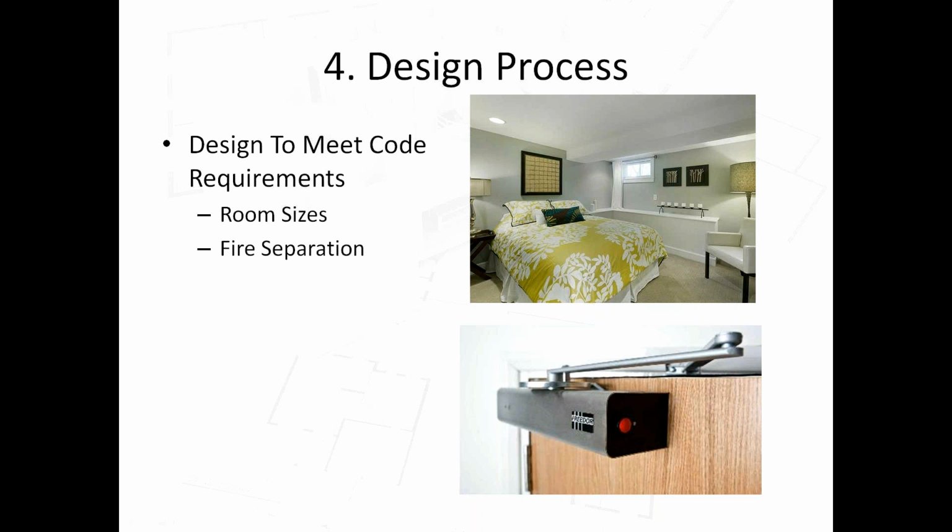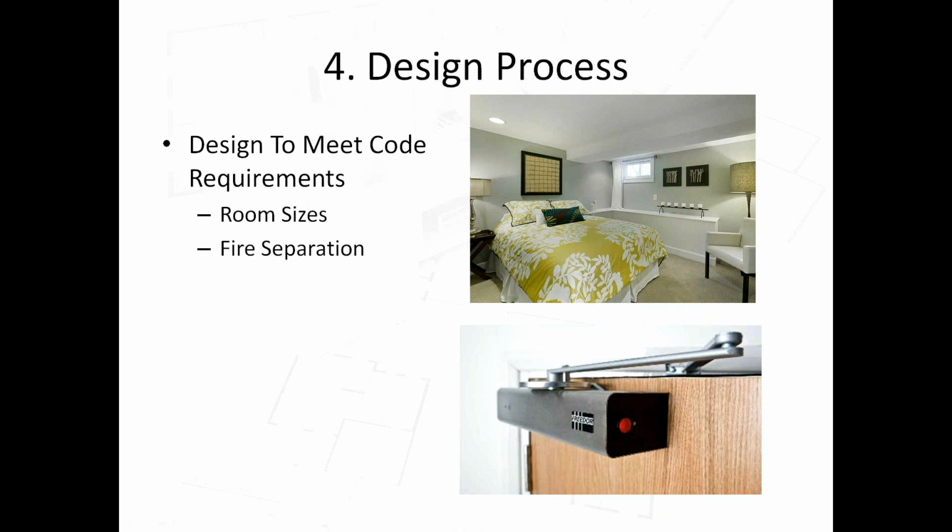Okay, and fire separation is very important to ensure that if fire starts in one unit, it doesn't spread to the other unit as quickly. There's going to be a time limit in terms of how fast the burn time is from one unit to another.